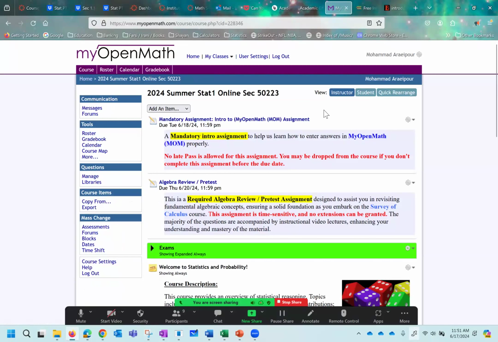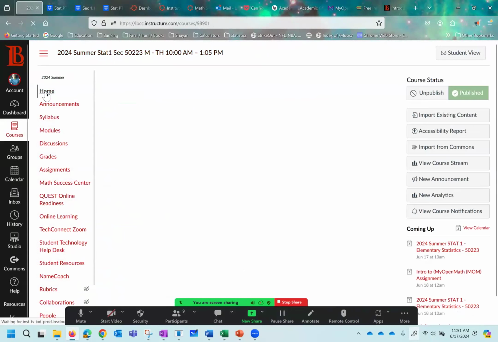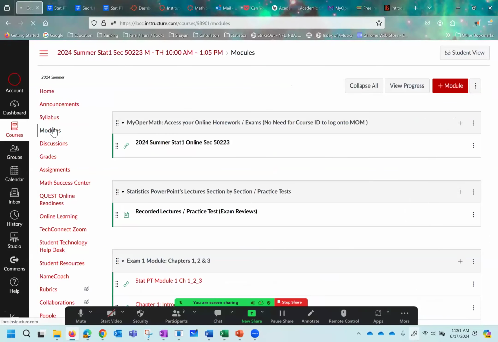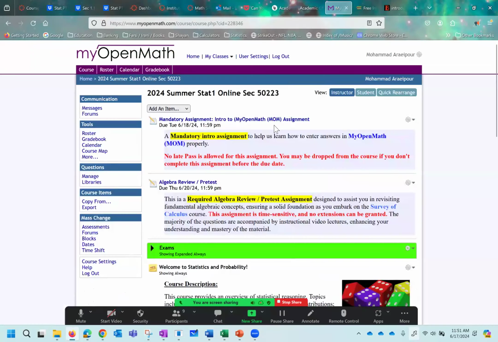So let me recap 2 things. I want to recap coming to my open math. First and foremost, this is the home page of Canvas. You go to modules, and the very first one will take you to my open math to register. And you're in my open math.